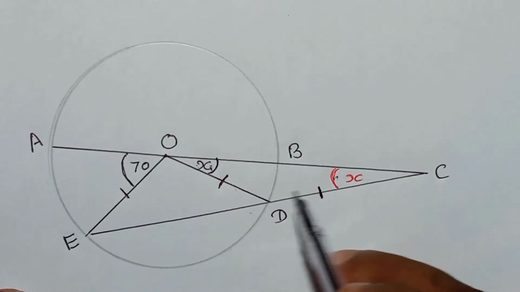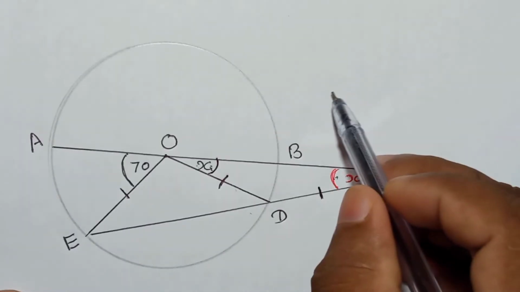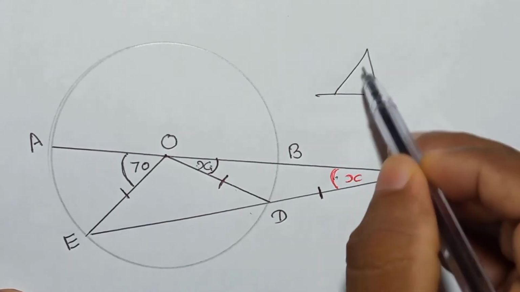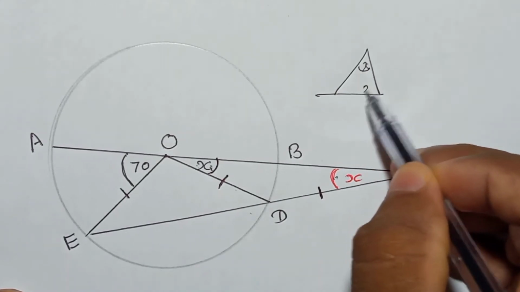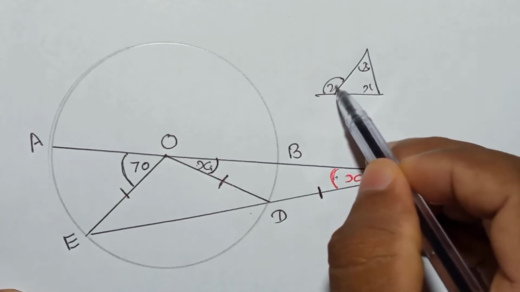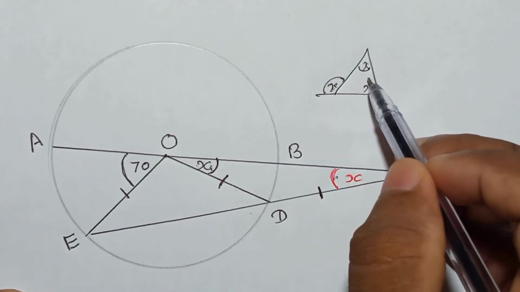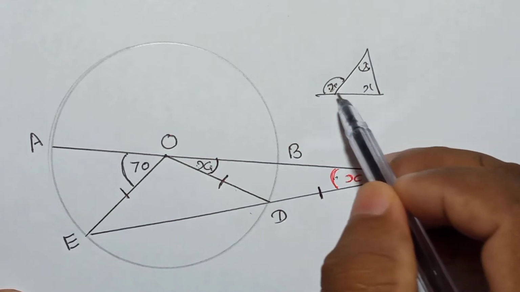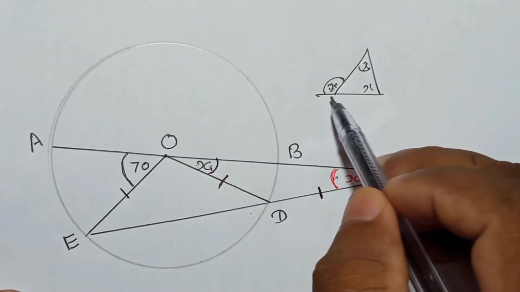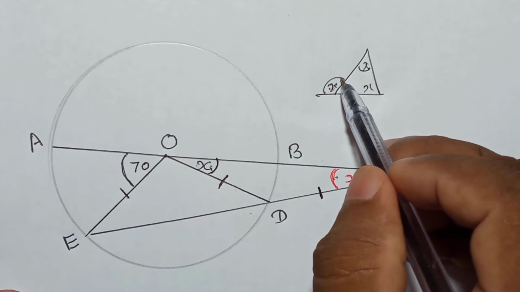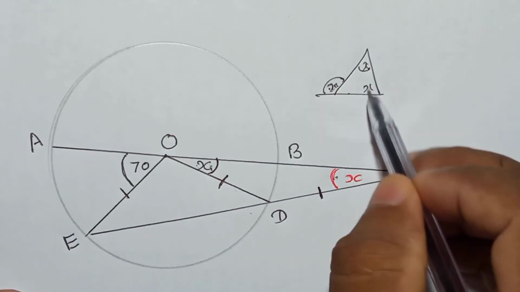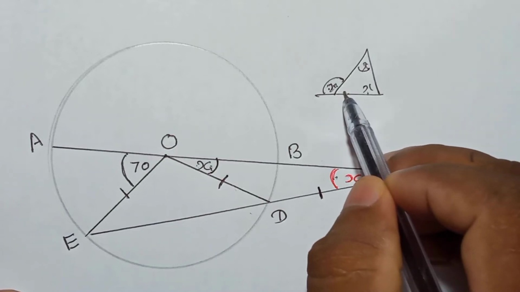And then there is another theorem we have learned. If this is x, this should be 2x, right? We normally call it the exterior angle. When you extend one side of a triangle, the exterior angle is equal to the total of the interior opposite angles.